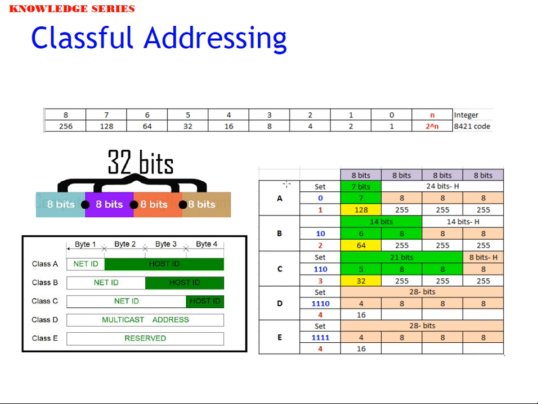Now, if you are considering class A addressing, what is the size of the net ID? 1 byte, that is 8 bits.